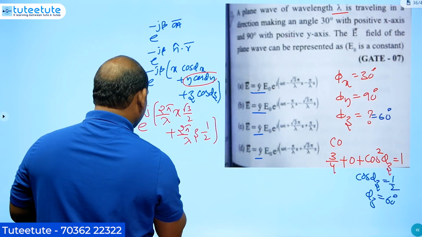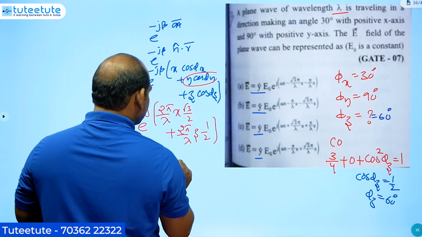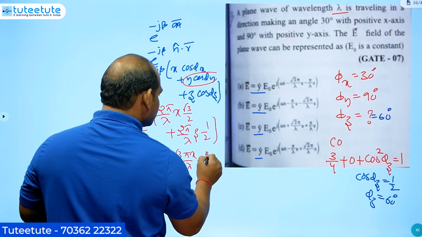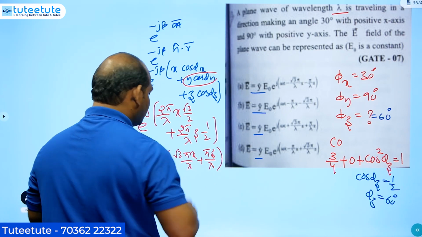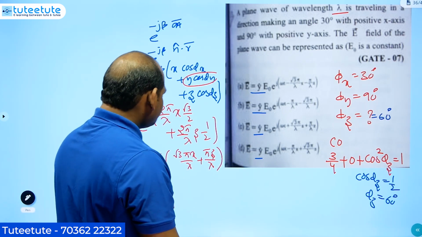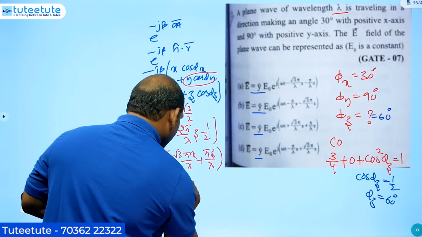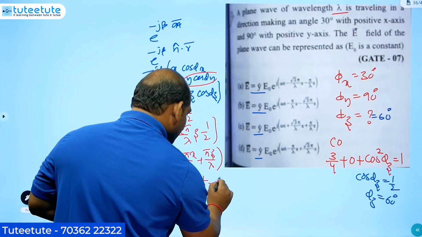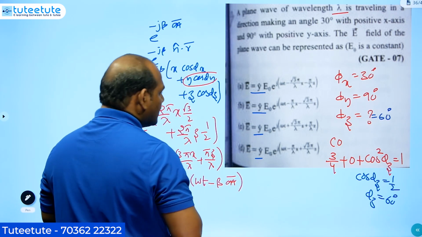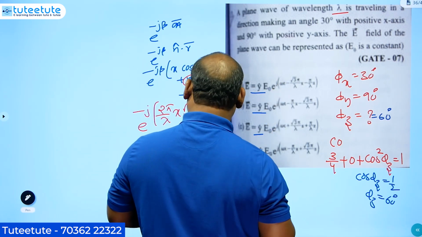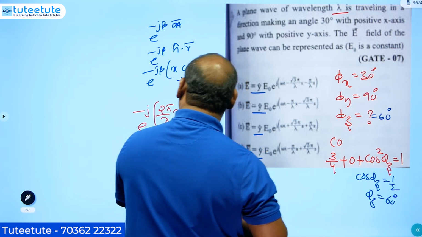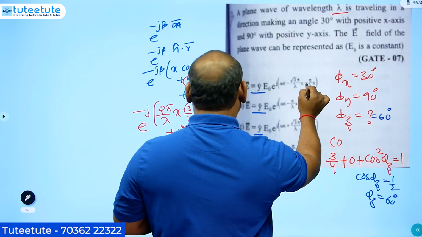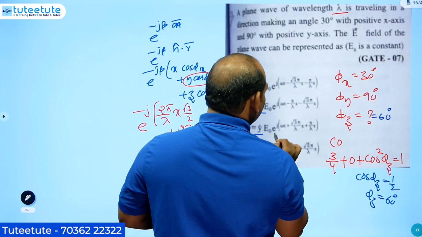So e power minus j, and here the 2 will be cancelled, root 3 pi x by lambda plus pi z by lambda. This is what we get. Here we can write e power j omega t minus beta OA bar, as the time variation is also given. So e power j omega t, and because minus is there, we get minus root 3 pi x by lambda minus pi z by lambda.